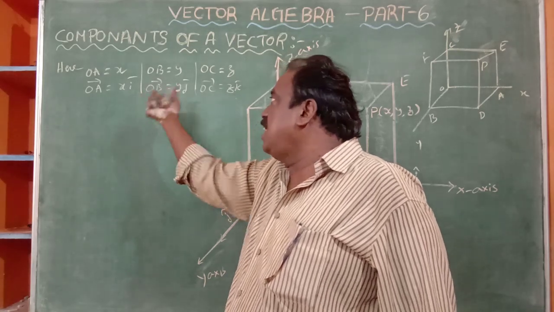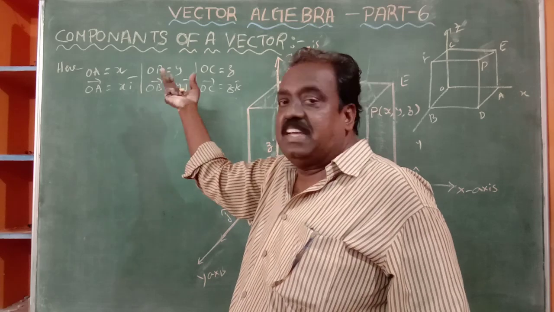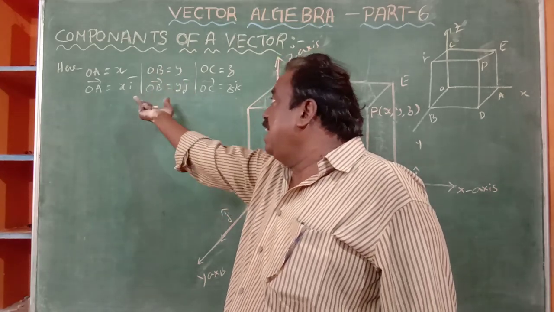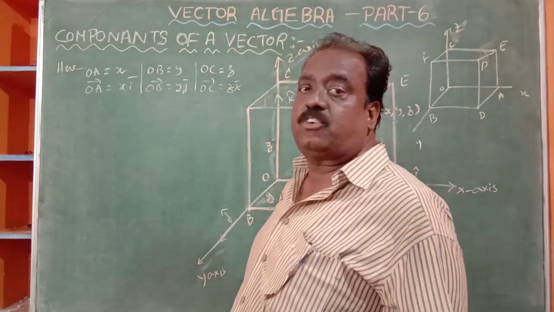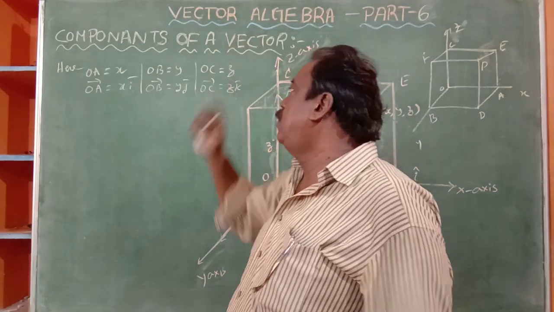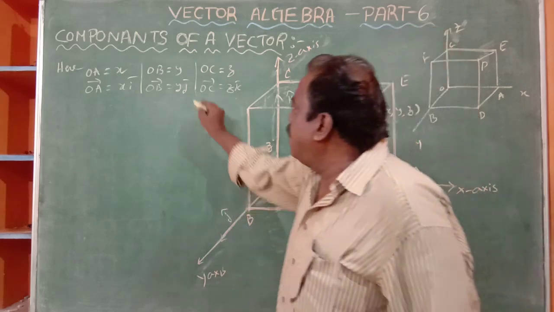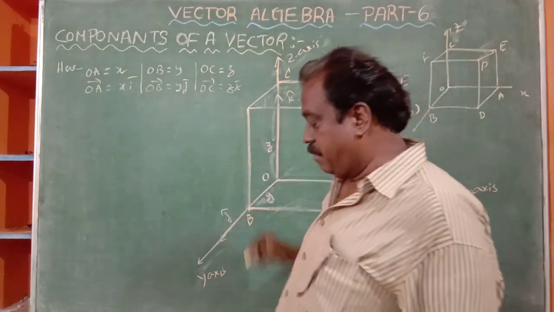That means x i cap means OA bar is lying on the x-axis in the direction OX and having the length x. Yes, perfectly, length is there, direction is there. So OA bar is the vector x i cap. OB bar is a vector, similarly, y j cap. OC bar is z k cap.